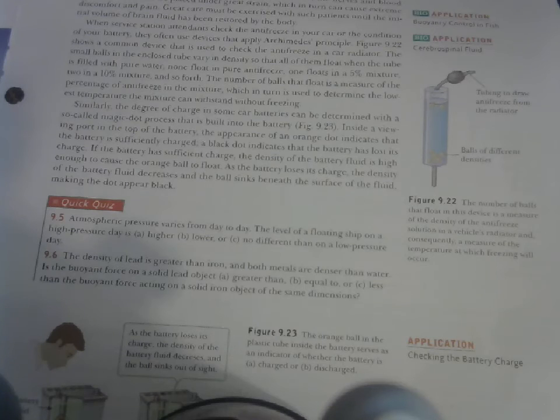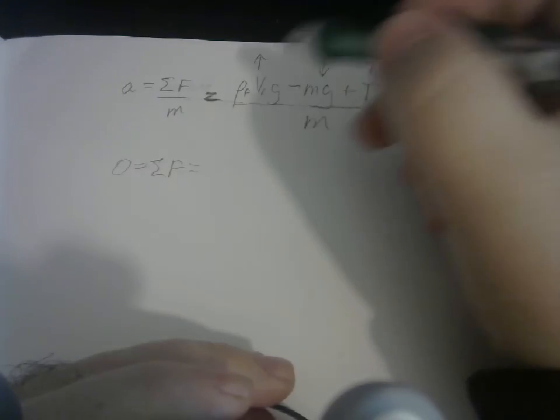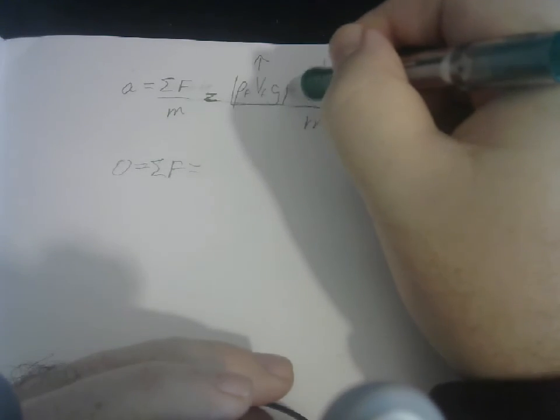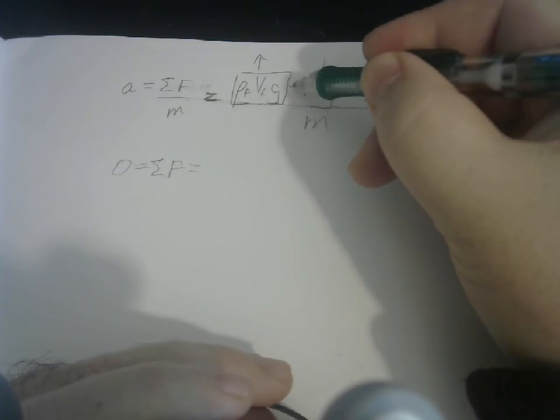And Quick Quiz 9.6 asks: the density of lead is greater than iron, and both metals are denser than water. Is the buoyant force on the solid lead object greater than, equal to, or less than the buoyant force acting on a solid iron object of the same dimensions? Let's remind ourselves that the buoyant force is the density of the fluid times the volume of fluid displaced times gravity.